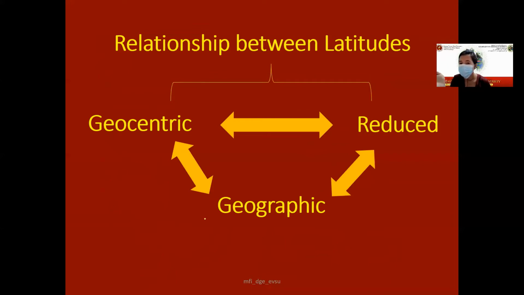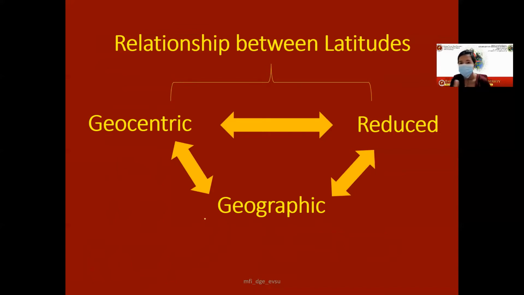And we have the reduced or the parametric latitude. So let's discuss each of these latitudes first before we combine them into a single illustration, and then we are going to use the formulas and identify the relationship between these three latitudes.